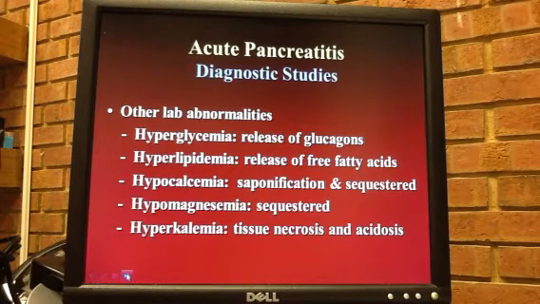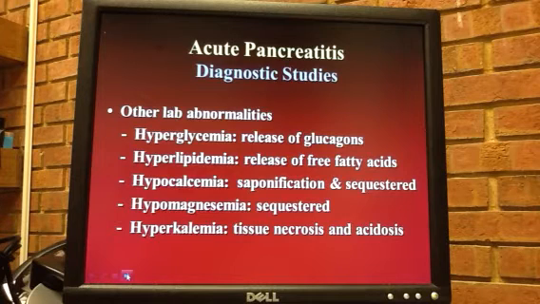The hypocalcemia can be significant enough to produce symptoms of hypocalcemia. Glucagon-stimulated calcitonin release can cause hypocalcemia, and there might even be a decrease in the parathyroid hormone secretion that plays a role in hypocalcemia.